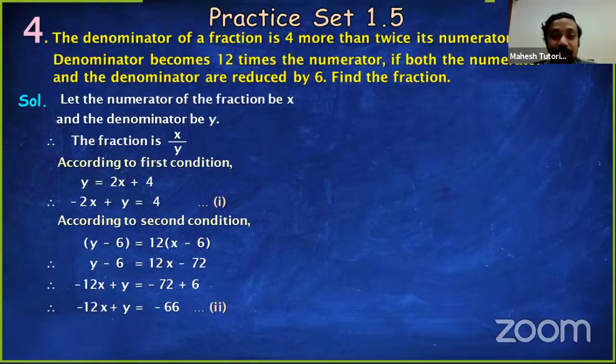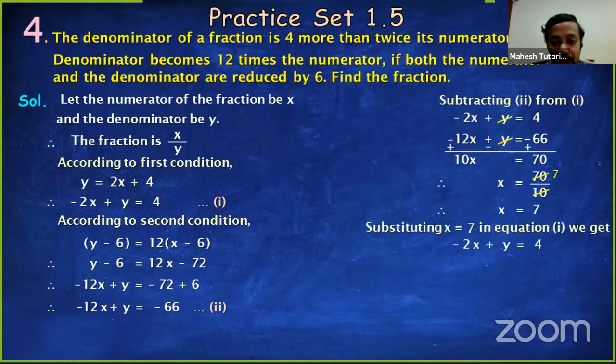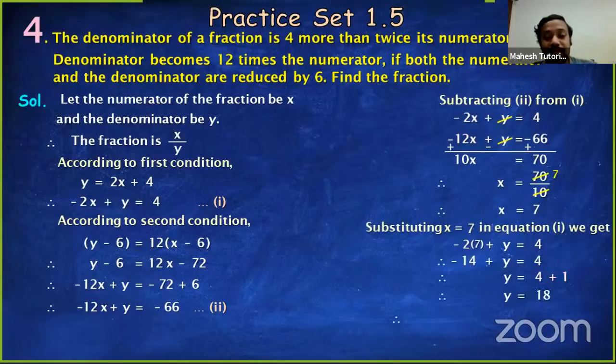I hope, students, the formation of both the equations from the two conditions given in the question is clear to every student, right? Now, students, we have got two equations, so we will do the solving later. But let us see what answer we get for x and y after solving. Now, students, see the answer that we get here for x and y. The value of x is 7 and the value of y is 18.